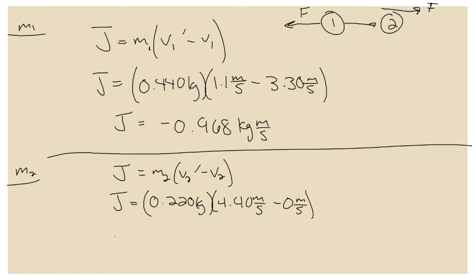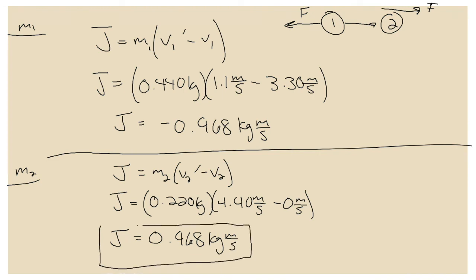And so when we do that math, we get, what do you know, 0.968 kilogram meters per second. The impulses are equal and opposite. The relative velocities are equal and opposite. So the momentum and the kinetic energy are conserved.